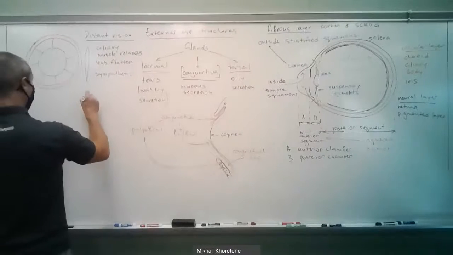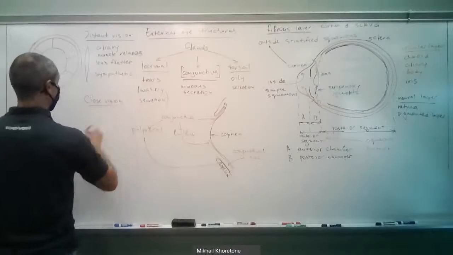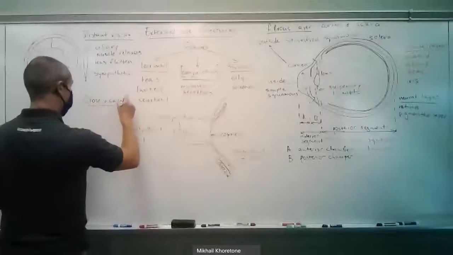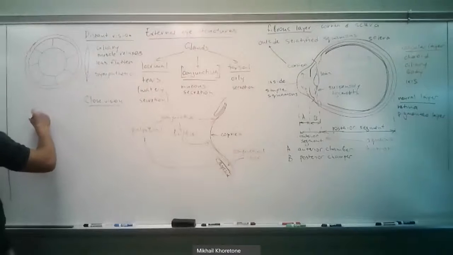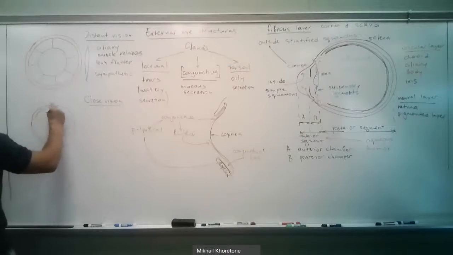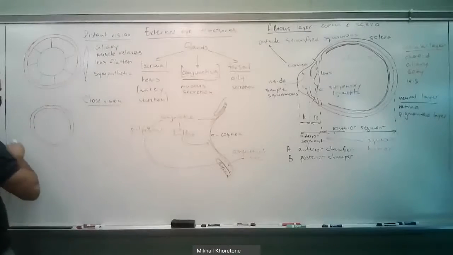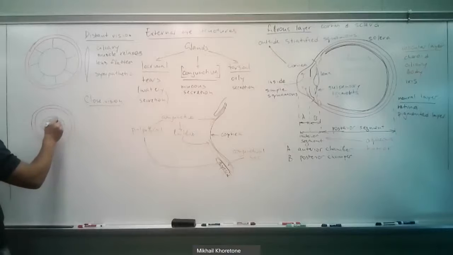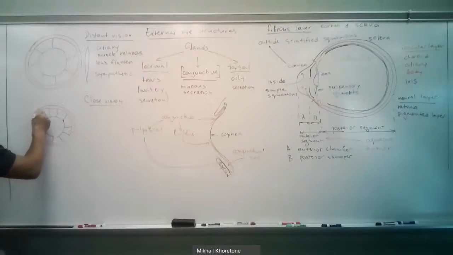Now, when you are relaxing on the couch, reading a book, you are under parasympathetic control. That's the case of close vision. Under parasympathetic control, your ciliary muscle contracts, making the diameter of that circle smaller, which leads to relaxation of the suspensory ligaments.